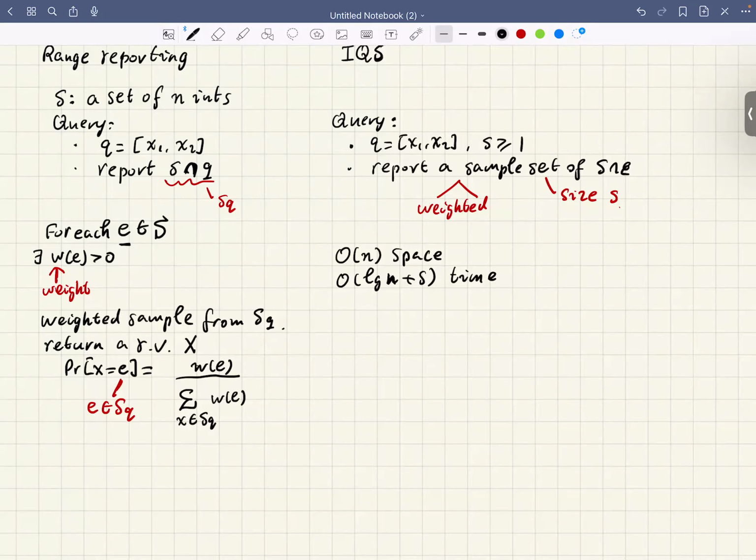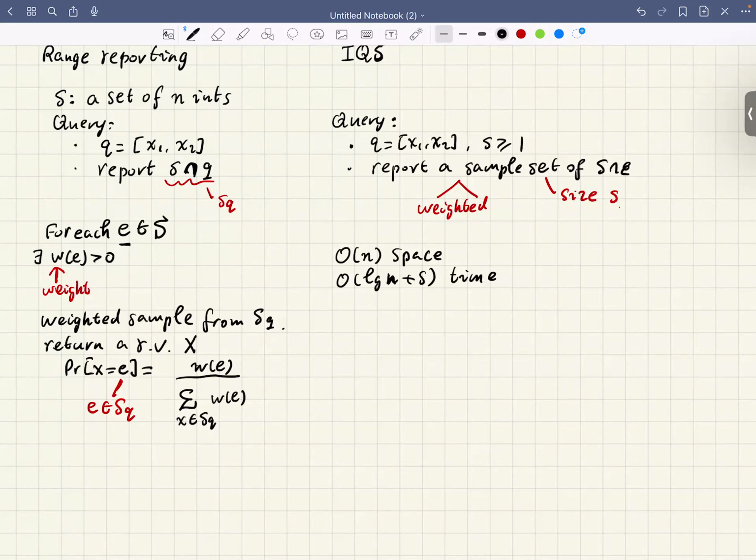Once the alias structure is built, you can get a weighted sample in constant time. So if you want s weighted samples, you spend another s time. Overall, the performance is going to be log n plus k plus s. Did I answer your question? Yes. So that's essentially log n plus k, because s is way less than k.